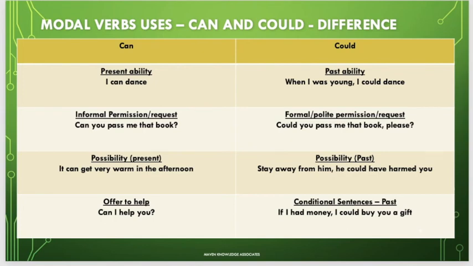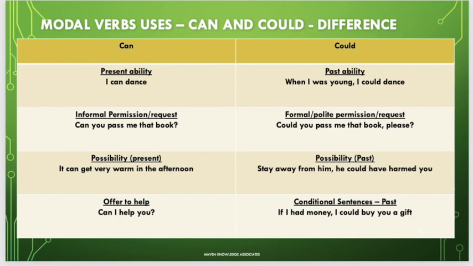Can talks about present possibility: it can get very warm in the afternoon. And could talks about past possibility: stay away from him, he could have harmed you. Can is also used to offer help: can I help you. And could is used in conditional sentences in past tense: if I had money I could buy you a gift.